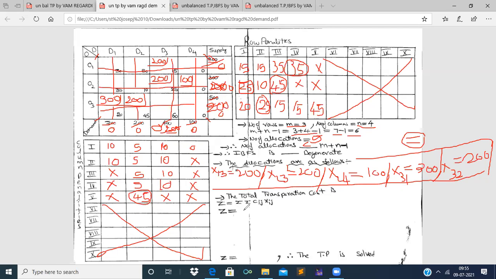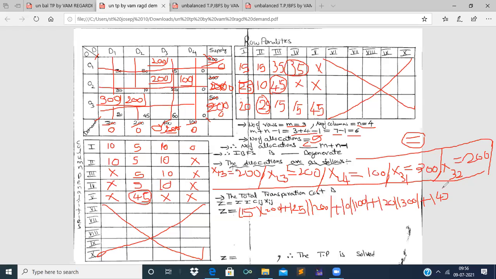The first cost is 15 into 200, plus 25 into 200, plus the third product, 0 into 100, which is 0, plus the fourth product, 20 into 300, plus now 45 into 200.